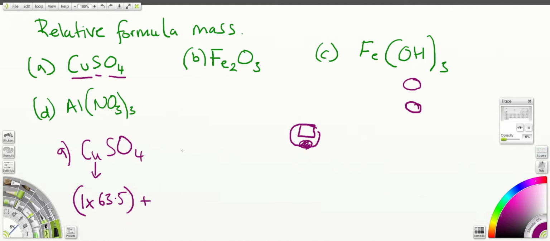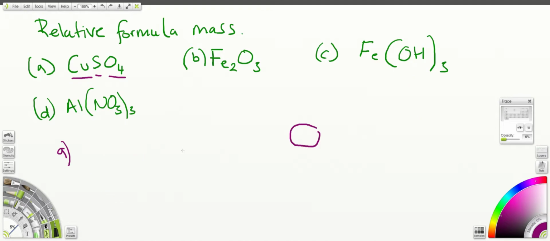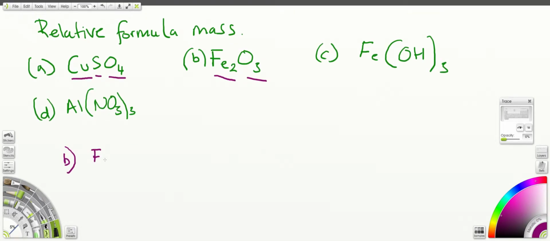Let's do the next one. Let's go with B. With B, we're doing Fe2O3. What you need to realize is that there are 2 irons and 3 oxygens. If you want to have a go, pause it, have a go, then see if you're right. I'm going to write Fe2O3 because that's the question, and I'm going to write 2 times Fe.